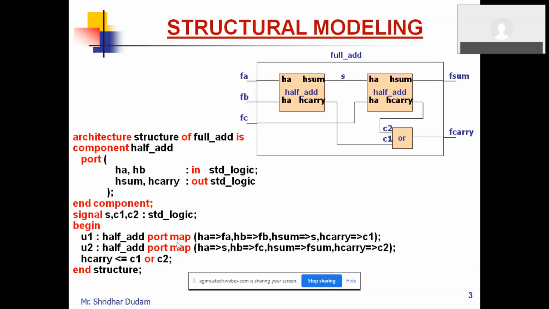All this is going to be mentioned in the code using the port map. So this port map will tell us how I am going to use this component, what the inputs for my component are, and where my output is connected. So like that, the methods are given here.